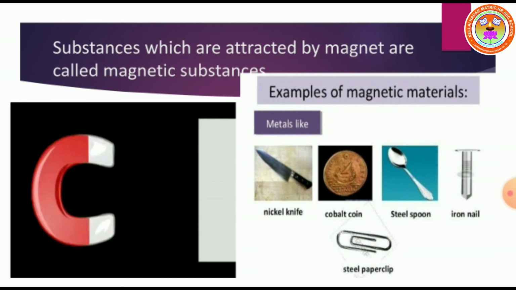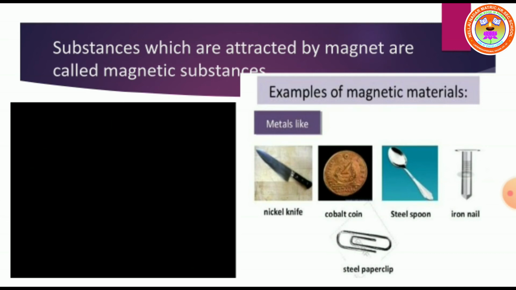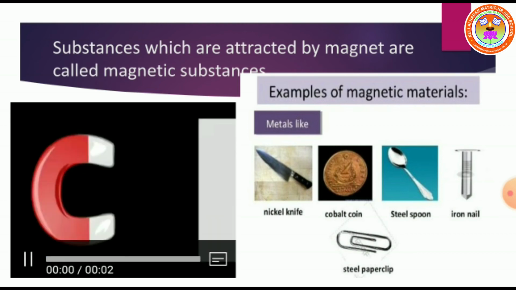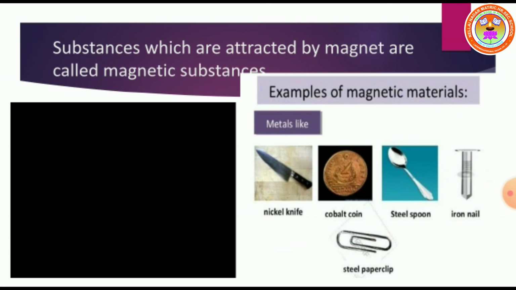Substances which are attracted by a magnet are called magnetic substances. For example, iron, steel, cobalt and nickel. Here are some examples: nickel knife, cobalt coin, steel spoon, iron nail, steel paper clip.